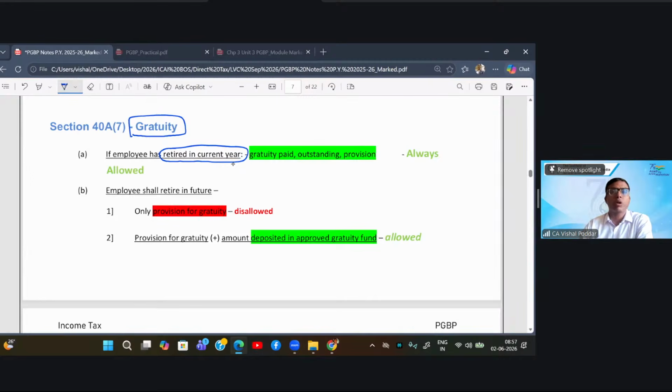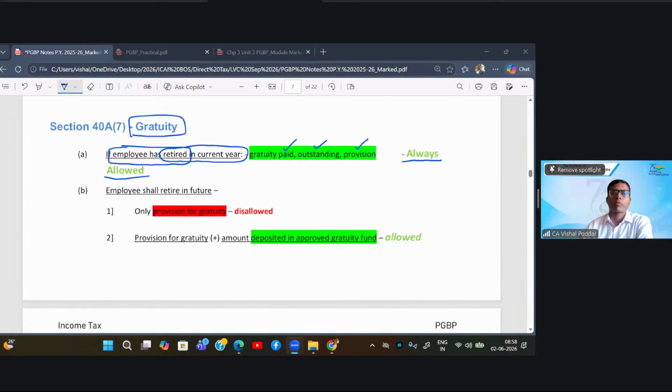It means it is not a future payment. It is a current year payment. Now, if it is a current year payment, I have no restriction at all. Whether you paid, you keep it outstanding, you create a provision, in all cases it is a current year payment. Why? Because the employee has retired in the current year. So it becomes a current year expense. Hence, it is allowed.